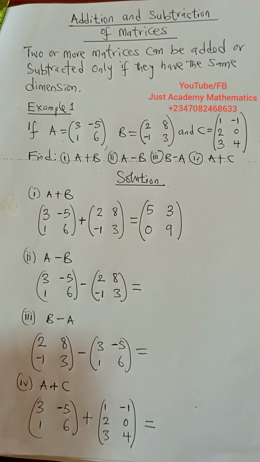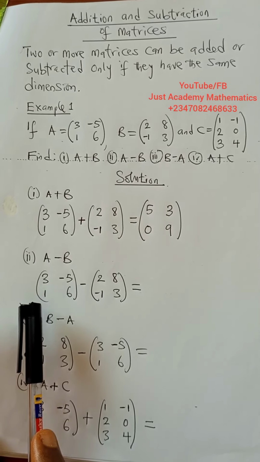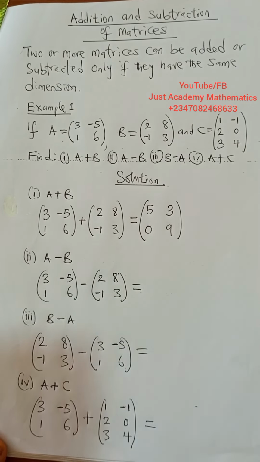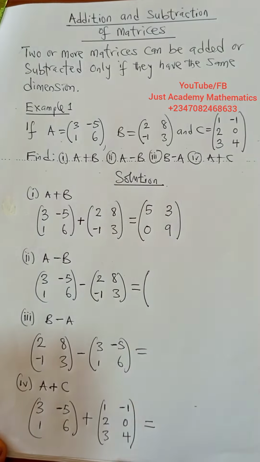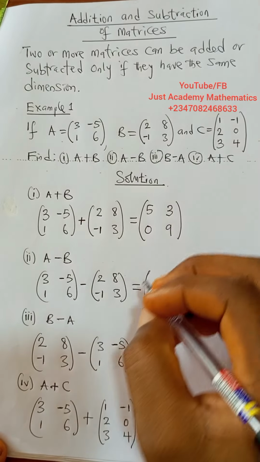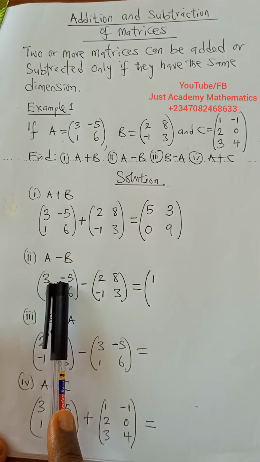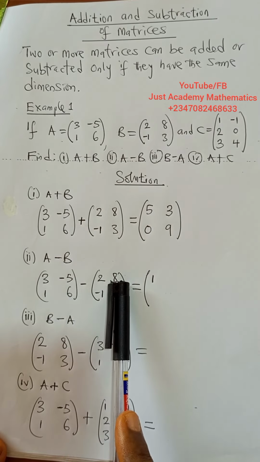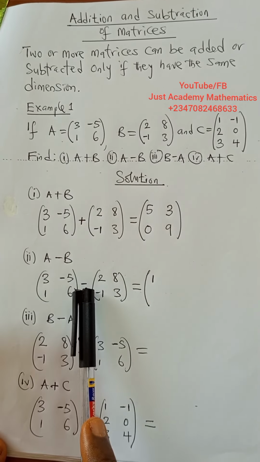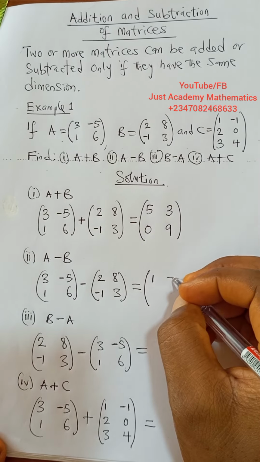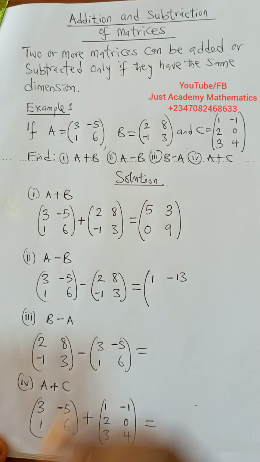Now, let's see what happens with A minus B. So for A minus B, you have 3 minus 2. And 3 minus 2 will give us what? 1. How about minus 5 minus 8? Minus 5 minus 8. That is minus 13.